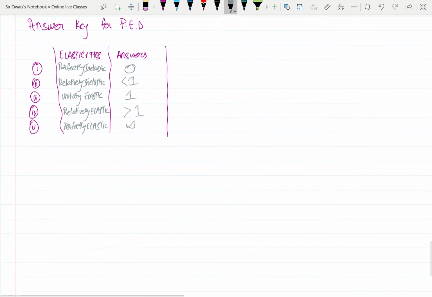I'm giving you some more questions. Just do them, compare your answer with the above, and mark it in the front. For example, if your answer is coming 0, just write perfectly inelastic.